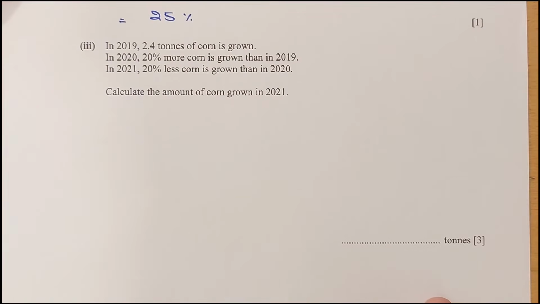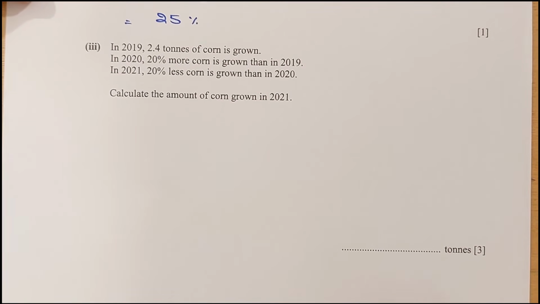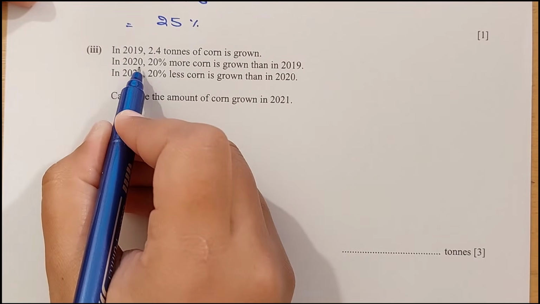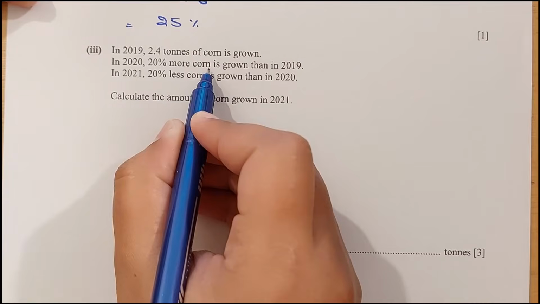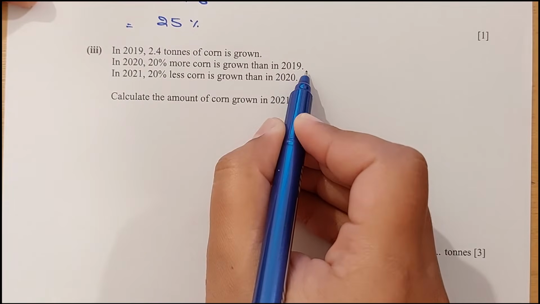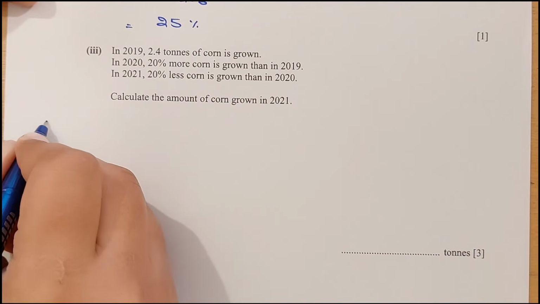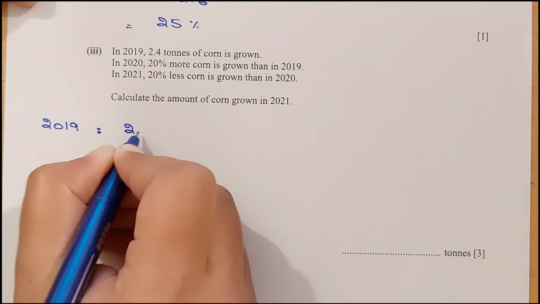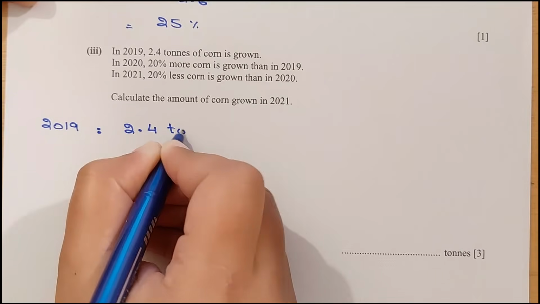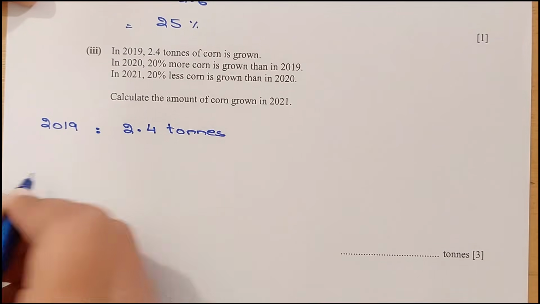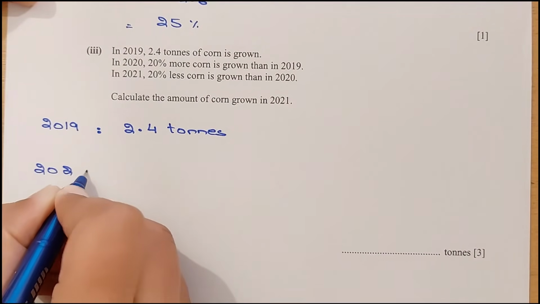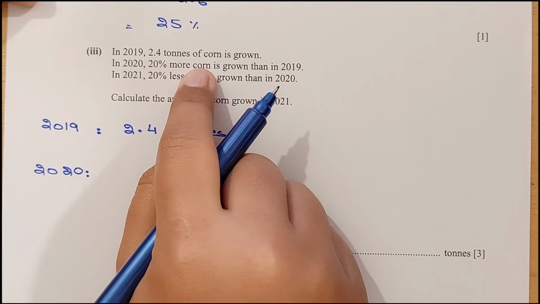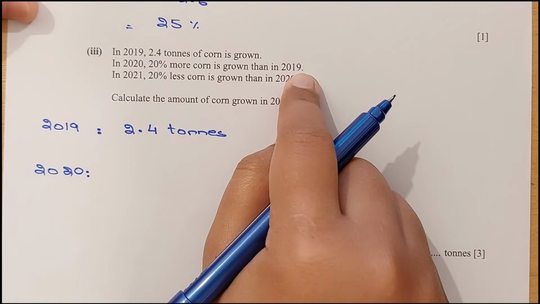Now for part 3. In 2019, 2.4 tons of corn is grown. In 2020, 20% more corn is grown than in 2019. Okay, so 2019 is 2.4 tons. In 2020, 20% more corn is grown than in 2019.